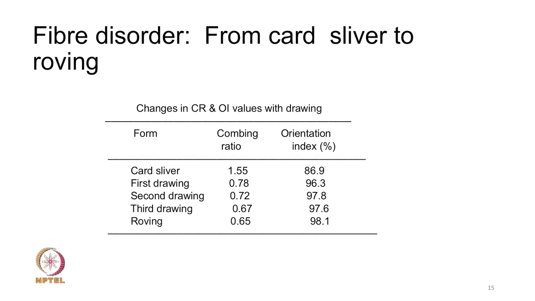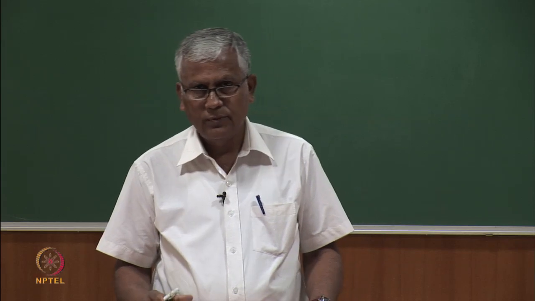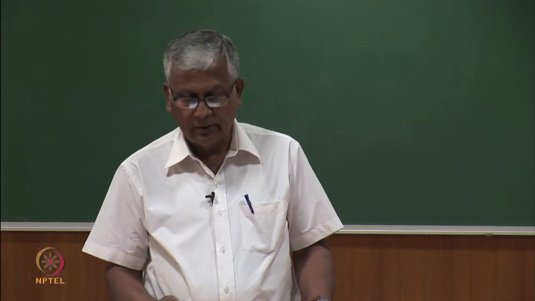You will learn later on that drawing is a process through which we reduce the number of hooks, and at the same time we improve the orientation of fibers, and therefore, we expect combing ratio to go down, which is reflected in this data. And also we can see that the orientation index is gradually improving, which gives an indication that fibers are becoming more and more oriented towards the axis of the sliver or roving, whatever the product is.